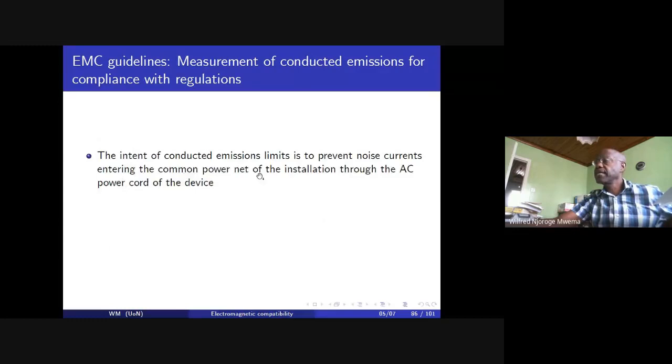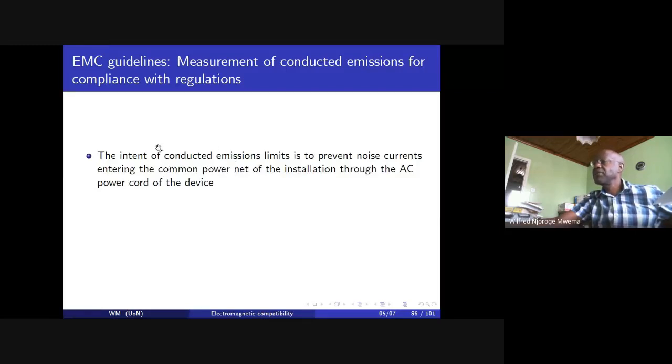So the intent of conducted emissions limits is usually to prevent noise currents entering the common power net of the installation through the AC power cord of the device. Because you know that many times there are many different kinds of loads that are getting power from there, such as lifts and motors within the house, and we know that motors have different characteristics.